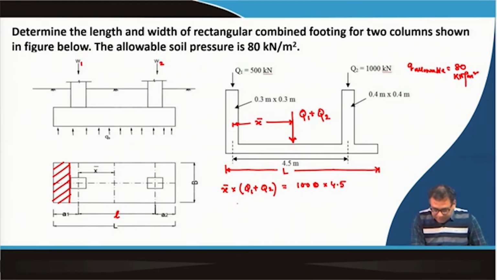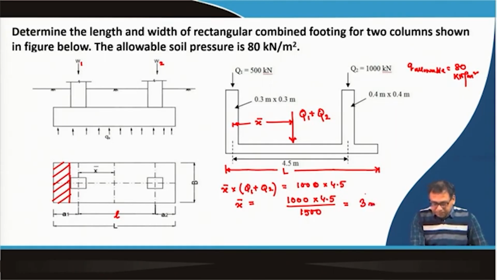So, x bar will be equal to 1000 times 4.5 over W1 plus W2, which is 1500. So, this is equal to 3 meter. So, x bar is 3 meter.